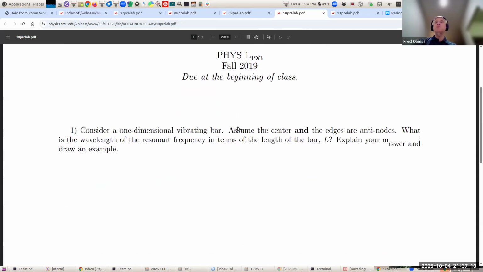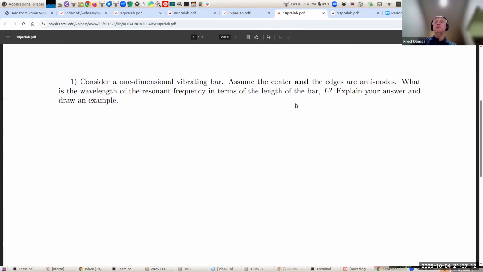Okay, next one is the vibrating quad D plates. If you have a one-dimensional bar, and you can look in your book to see the pictures, assume the center and edges are antinodes. So in that case, it would look something like this. Let me make a permanent drawing.